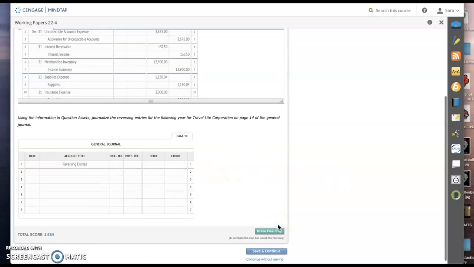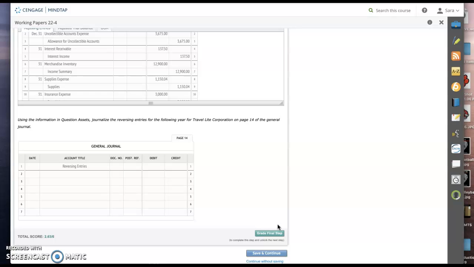And then the final thing we have to do is journalize our reversing entries. So December 31st, our first one should be interest income and interest receivable.